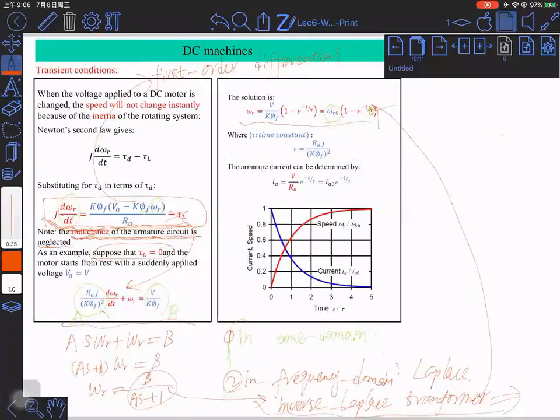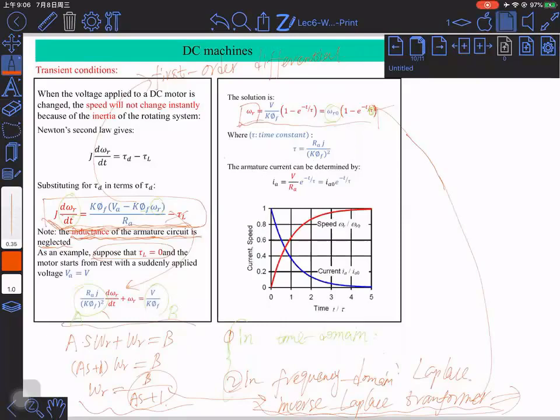So you can find the solution either in the time domain or in the frequency domain. Actually, I recommend the frequency domain, because the Laplace transformation is mathematically very easy to derive, and you can always use the lookup table given to you, or use computer software to easily find the answer.